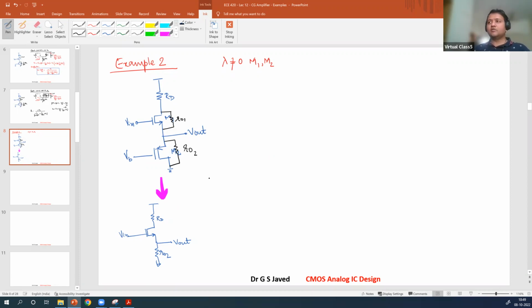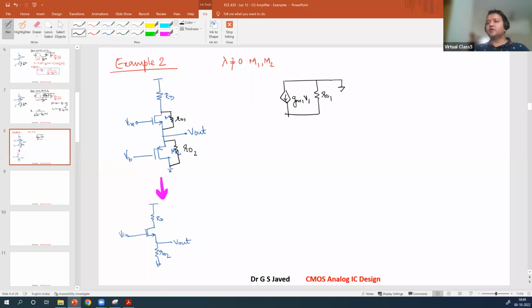So this is RO. When you apply the small signal analysis, what happens? Small signal analysis is very simple for this one. gm1 V1, then there is RO1 at the output. Where is this Vout taken? Not at the drain, right? It's taken at the source of this device.